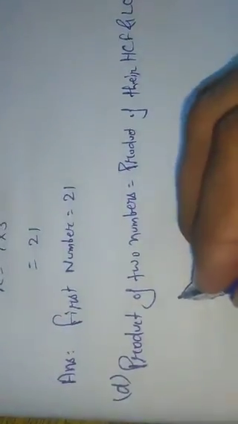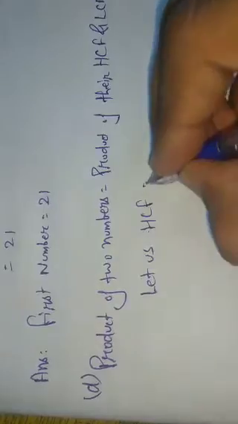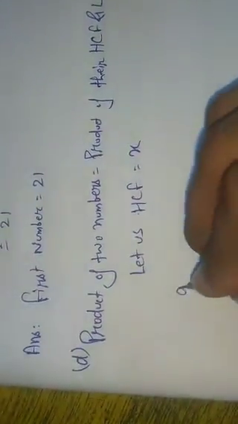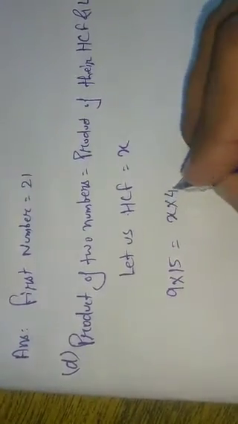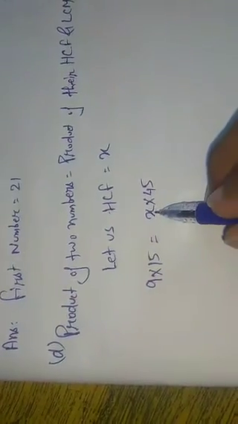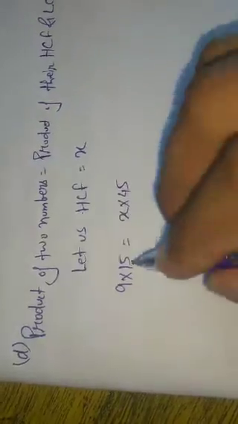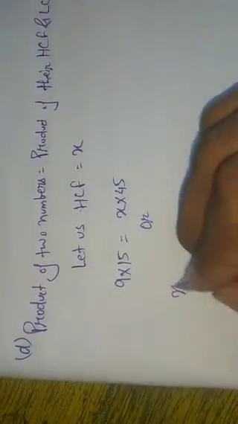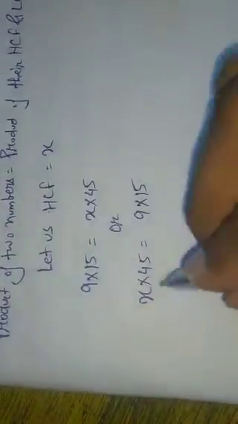Here HCF has not been given, so let HCF be x. The first number is 9, the second is 15, so 9 into 15 is equal to x into 45. Here x is the HCF and 45 is the LCM. So you can also write it as x into 45 is equal to 9 into 15.